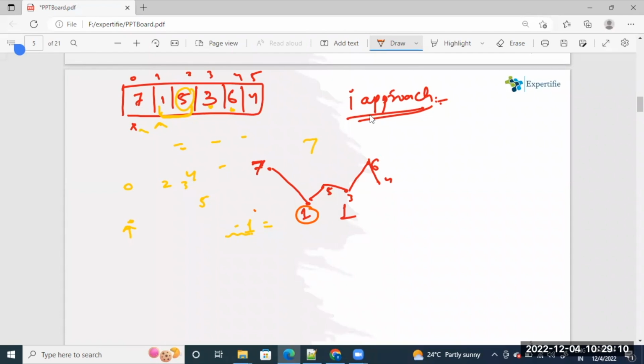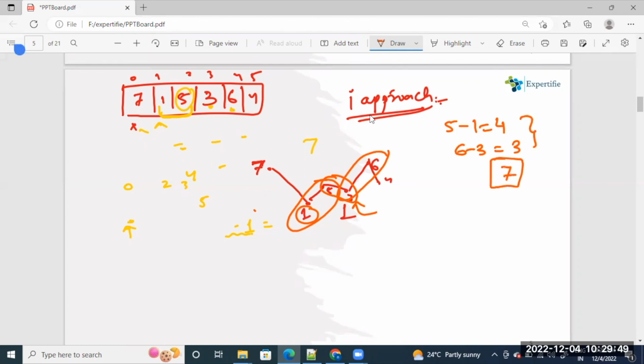Here I will get a place where the maximum is getting dipped, so we can use this as a part of the profit, like 5 minus 1, which is 4. Now proceeding further, again check for the minimum. I got this minimum, which is 3. While proceeding further, I need to look for the maximum, which is 6. So 6 minus 3 is going to be 3. 4 plus 3 is equal to 7, the maximum.